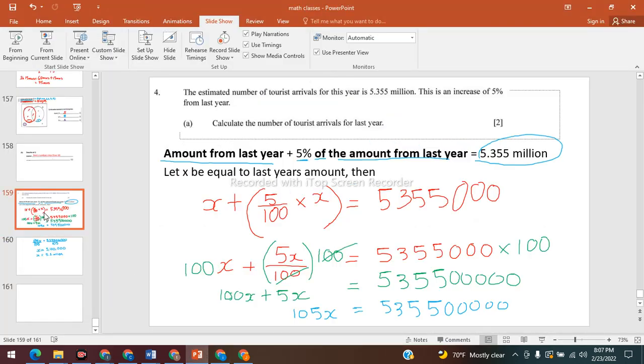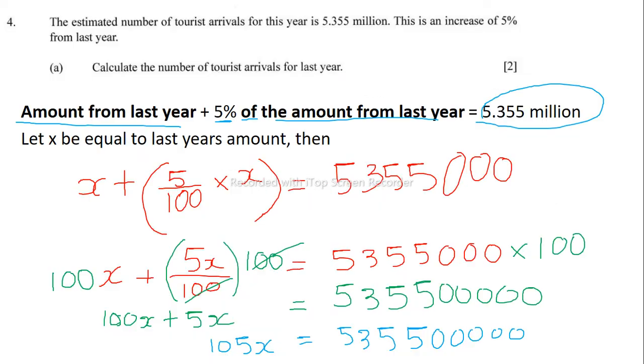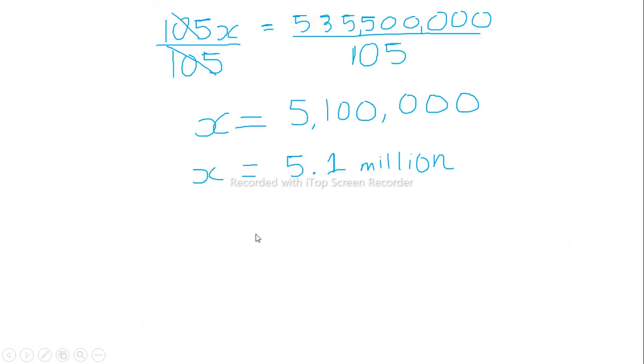We did it the rough way. All we could do is think about it from here. I guess this is the crux of the matter. 105 times x. All we had to do is divide.